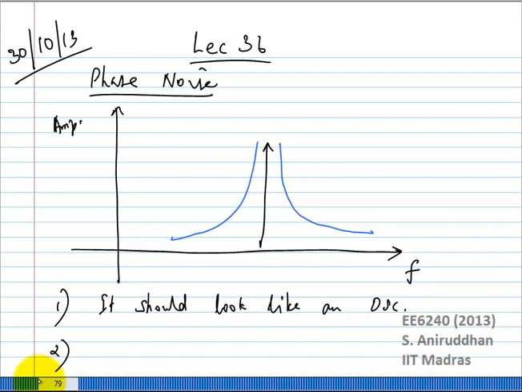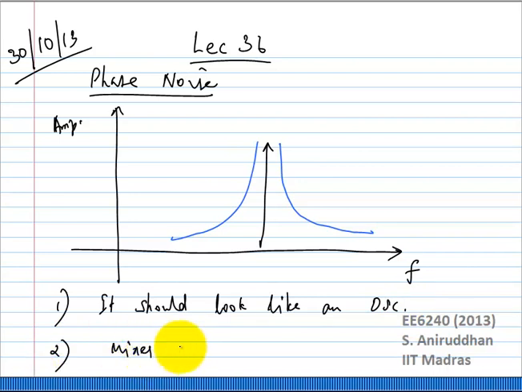The second reason given is mixer action from the tail current source to the output, right? So let us look at that.